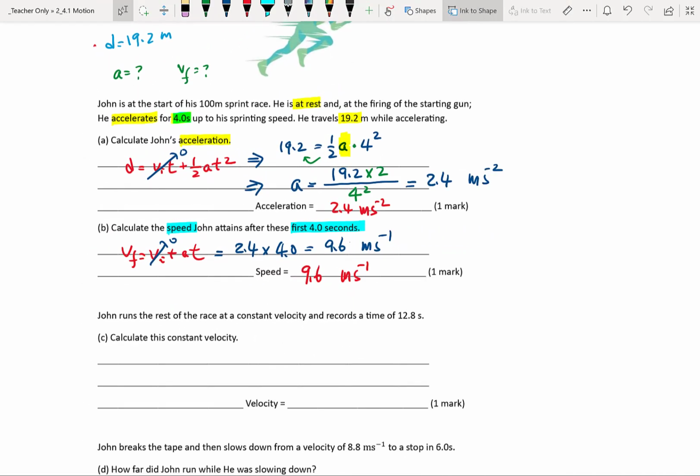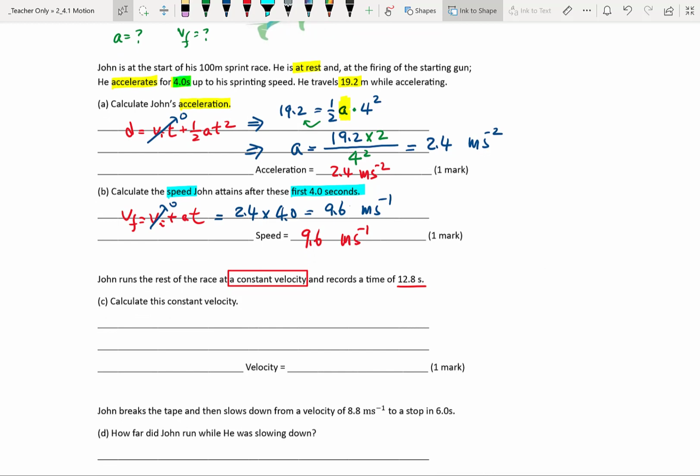Acceleration is 2.4 meters per second squared. John runs the rest of the race at a constant velocity, and the record time is 12.8 seconds. What does that mean? This is our 100 meters, he starts here and accelerates to here, and then the rest is constant speed. The first stage has constant acceleration; the second stage has constant velocity.